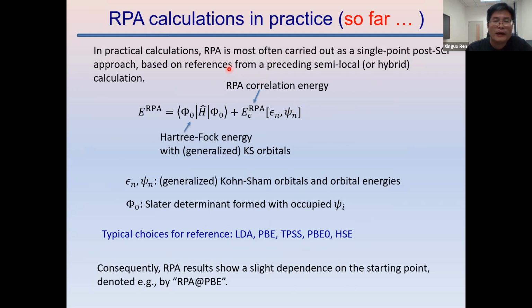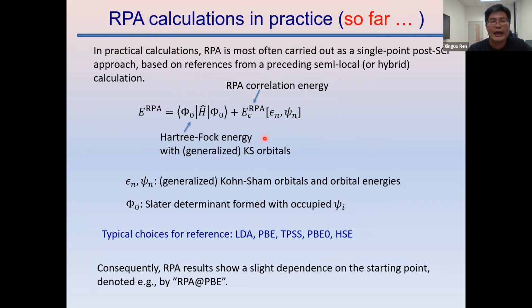And so how do we do RPA calculations in practice? In most practical calculations, RPA is carried out as a single point post-SCF approach. So it's based on references from preceding semi-local or hybrid functional calculations. So you first do a normal DFT calculation.